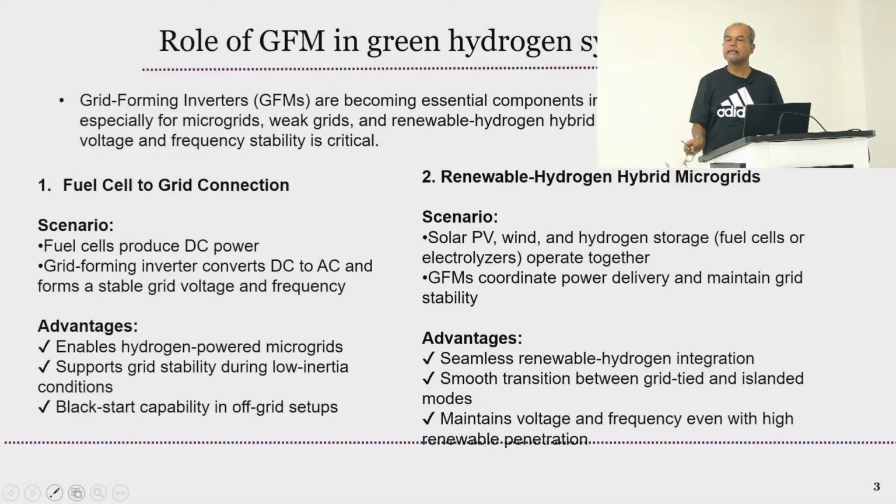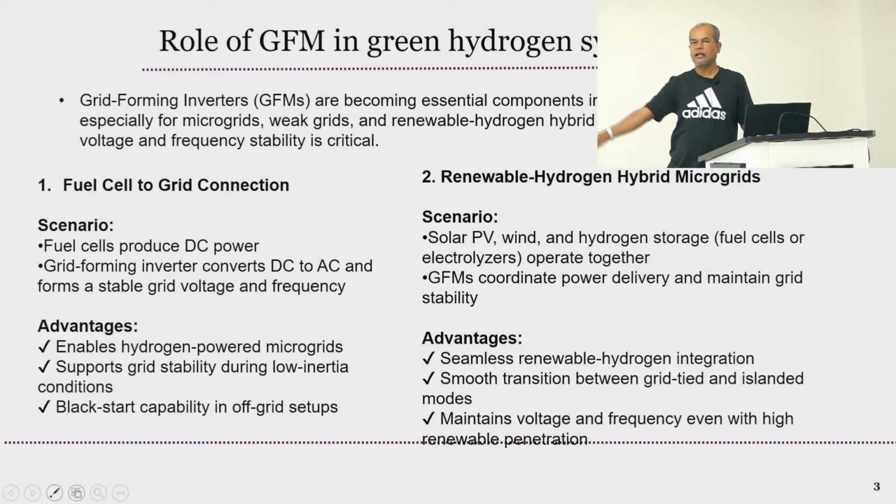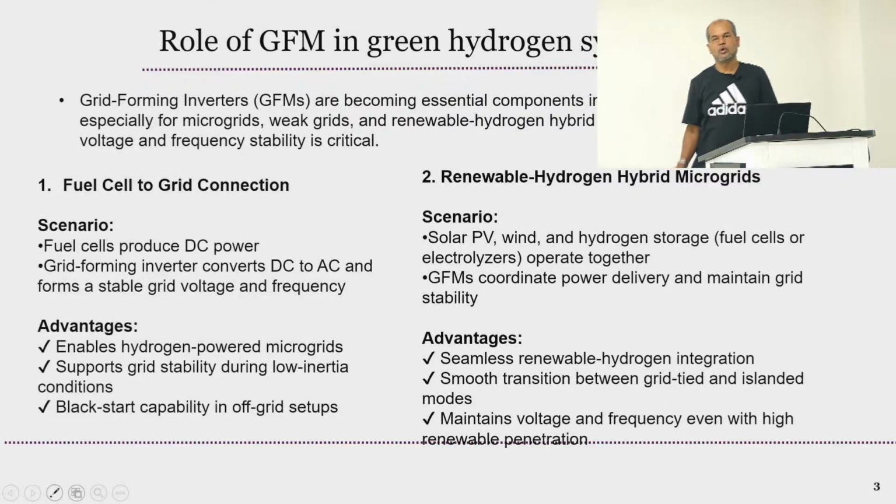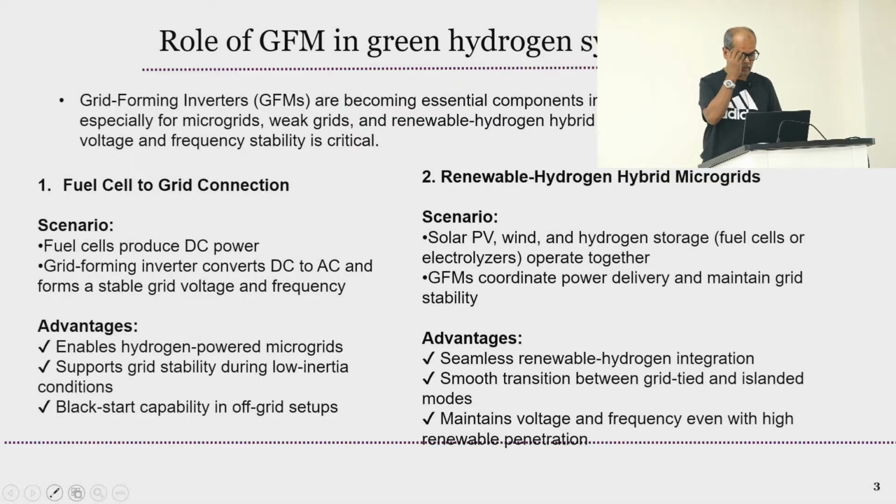If for some reason you have a blackout, and you have this inverter dominated system, the grid forming inverter can also be utilized for black start purposes. Mainly in an off grid setup, when you have the grid, many other devices can contribute, but in off grid it is mostly renewables and converters. So in those cases, the grid forming inverter can contribute to restarting the system as well.